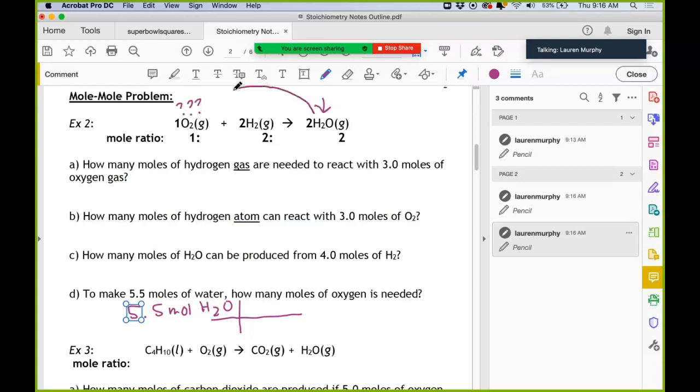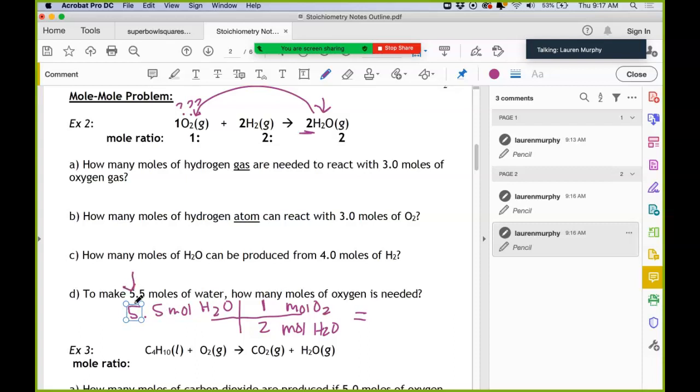So I'm jumping from water over to oxygen. So moles of water go on the bottom, moles of oxygen go on the top. For every 2 moles of water that are produced, 1 mole of oxygen reacts. So the answer is 2.75.